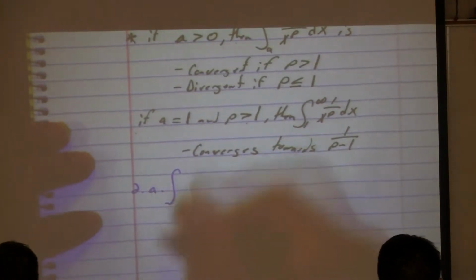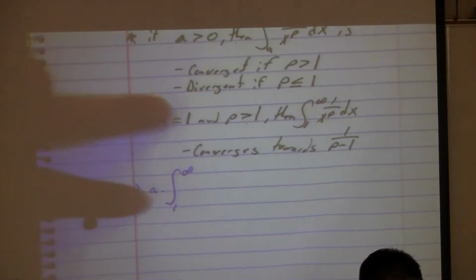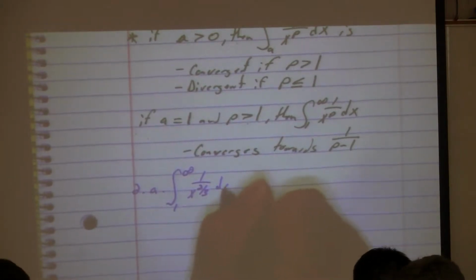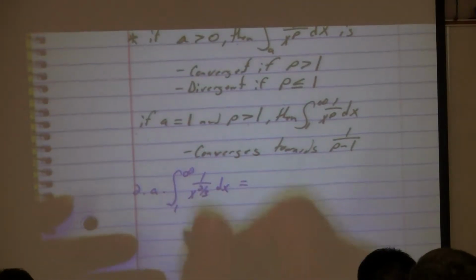So the integral from 1 to infinity, we're starting at a equals 1, of 1 over x to the 2/3 dx. What could you tell me about this guy? He diverges. Okay, why does he diverge?